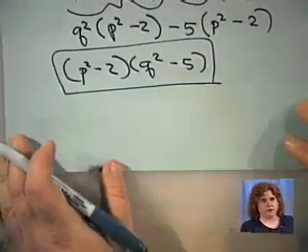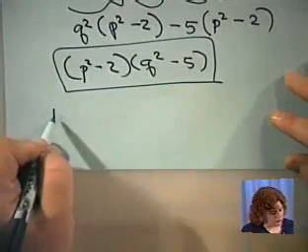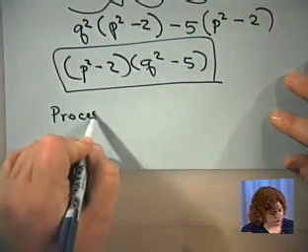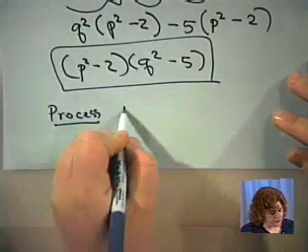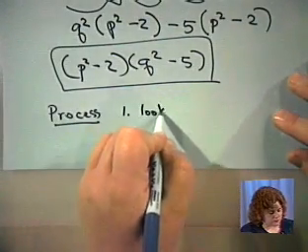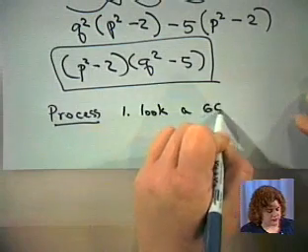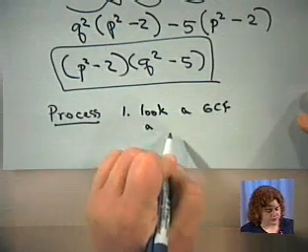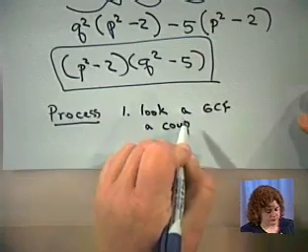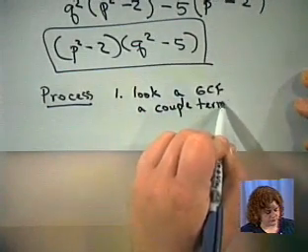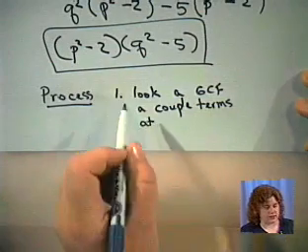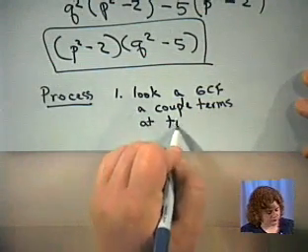Now, to come up with sort of a recipe for this whole process, what you're doing is you're going to look for a GCF a couple of terms at a time. You might have to rearrange them in order to see that, like in the last example.